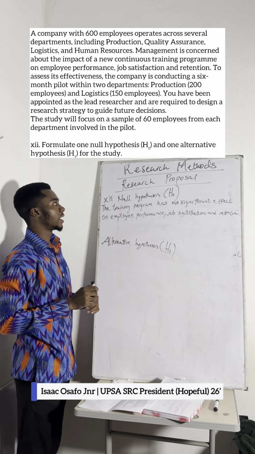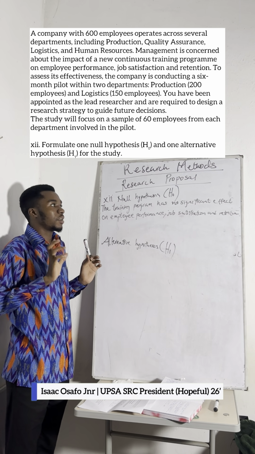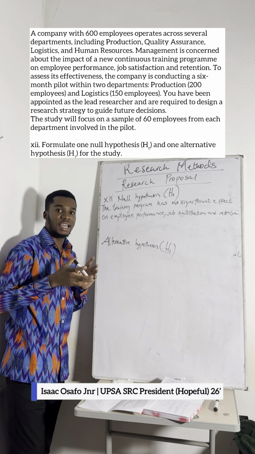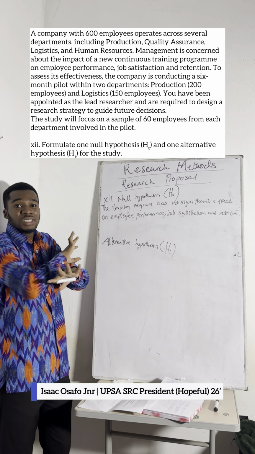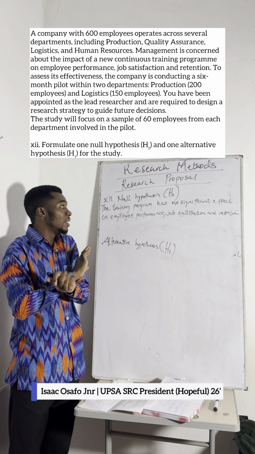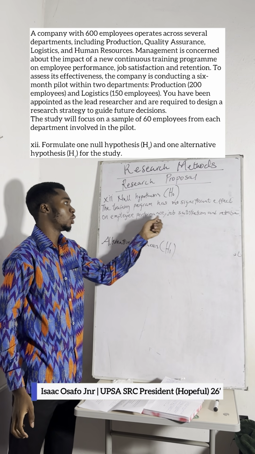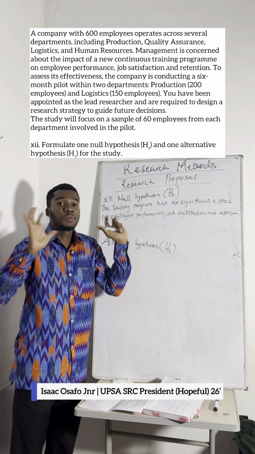Do you get it? So this is for the null hypothesis. So you are saying that whatever variable they are talking about, whatever thing that you are saying has impact, for the null hypothesis it means that it has no significant effect or it has no impact on employee performance, job satisfaction, and retention. It's just an assumption that you are making.